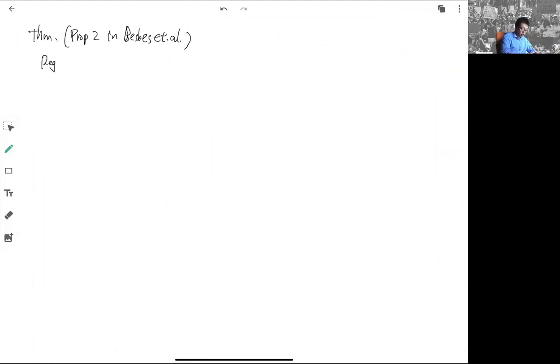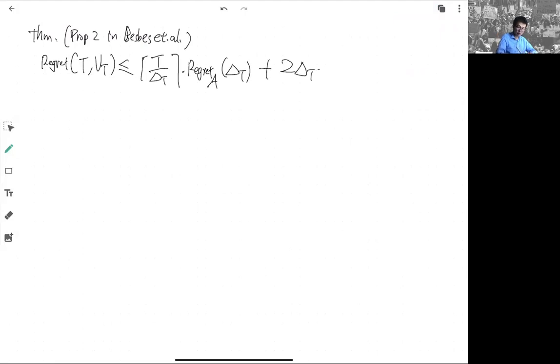We can show that the regret bound of T as a function of T and V_T is smaller than the number of times that you restart, multiplied with the regret bound of this subroutine algorithm A on that particular sequence, plus 2 times the batch size times the total path variation.